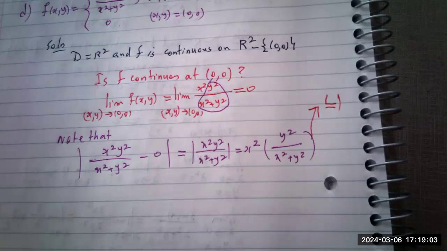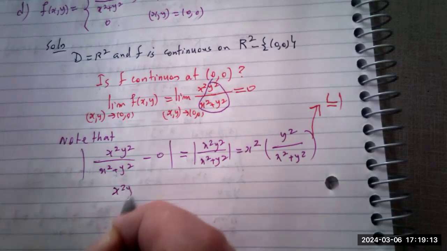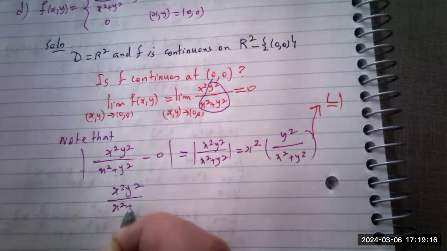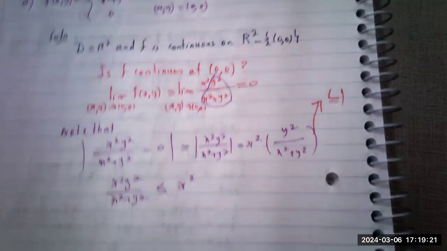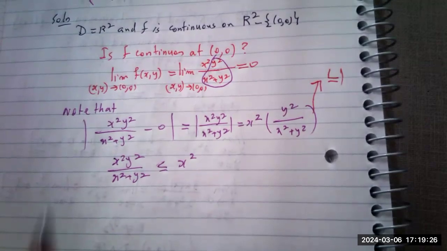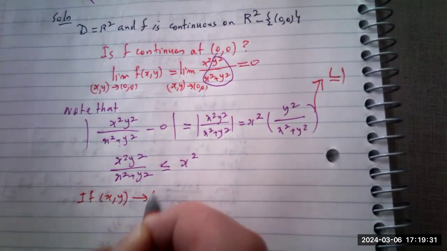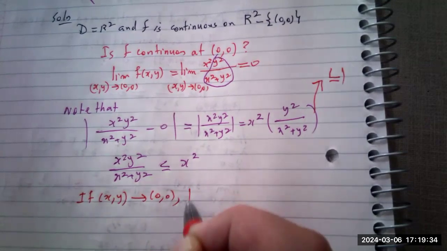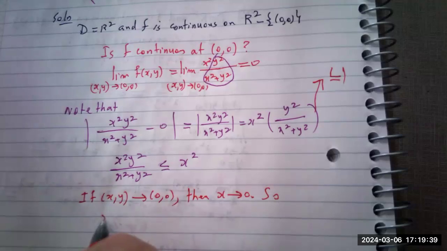It's like 4/5, 1/2, 2/10. So this means x squared y squared over x squared plus y squared is going to be less than or equal to x squared. That's it. You can go with those options that we talked about, but you can conclude that if (x, y) goes to (0, 0), then x goes to 0, so x squared goes to 0.